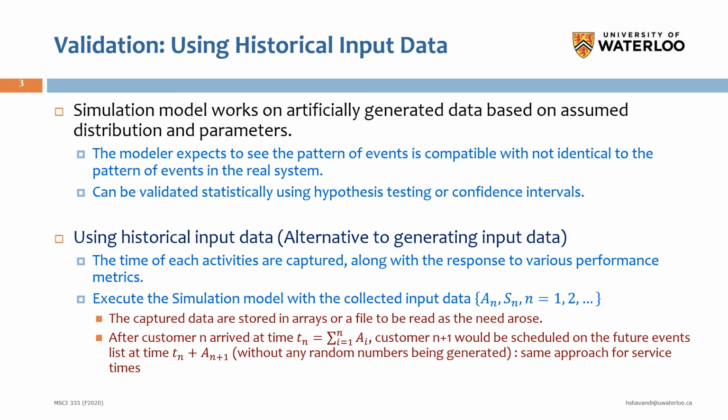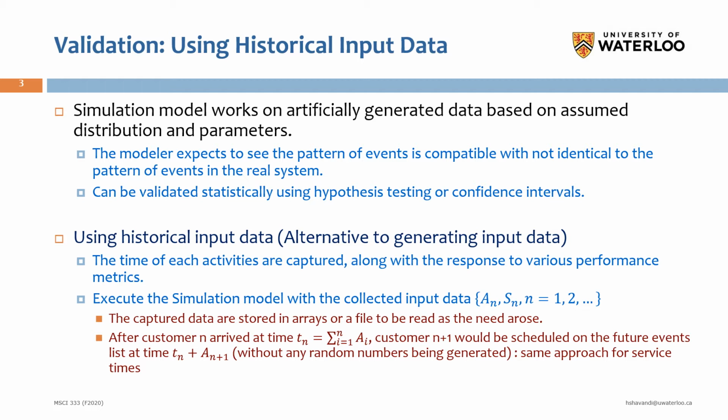So as you know, the simulation model works with generating artificial data, right? We do have the statistical distributions for the model's parameters, and then the simulation model generates random numbers, random variates, and then goes on to the process by those random numbers and variates. So what we have done so far in the previous example in part 2, that was our approach.